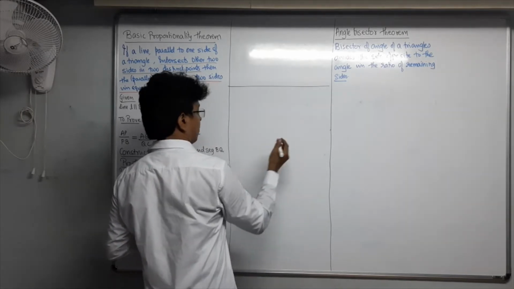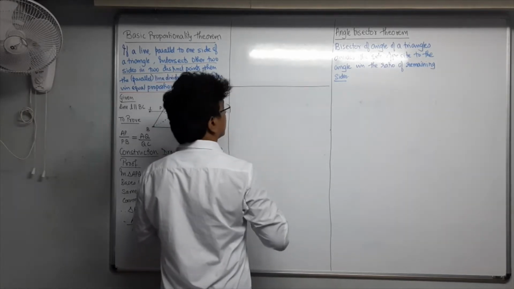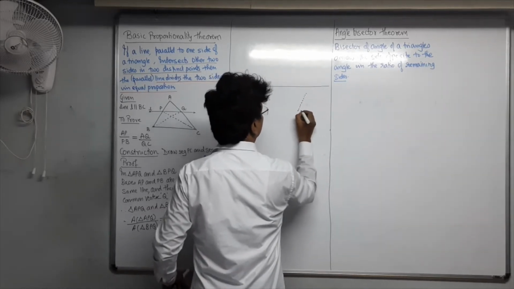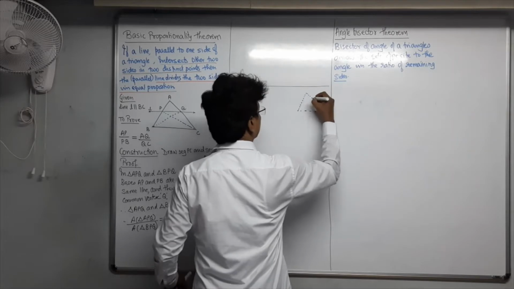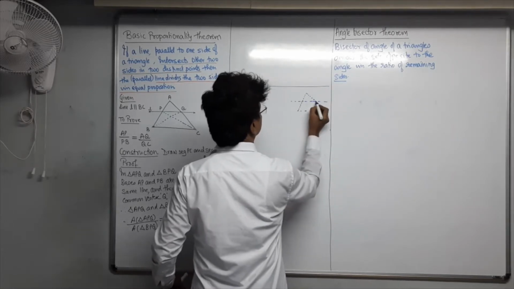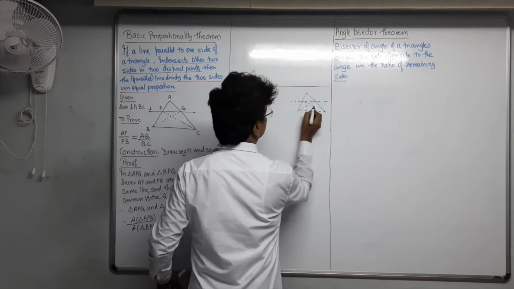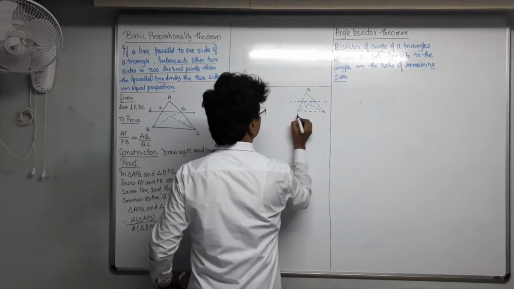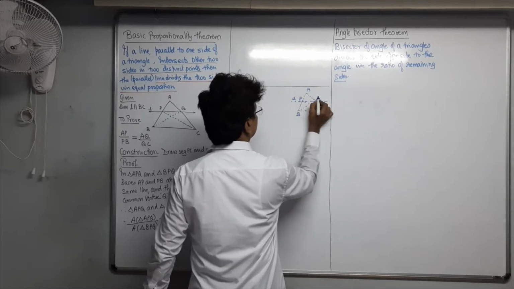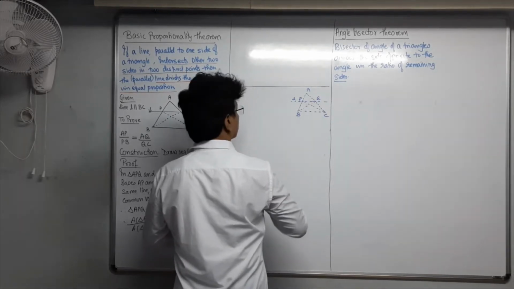See, now what happens in the other part? Again I take one triangle, this is a triangle, this is a line. A, B, C, this is a line L, this is your P and this is your Q. Now what?